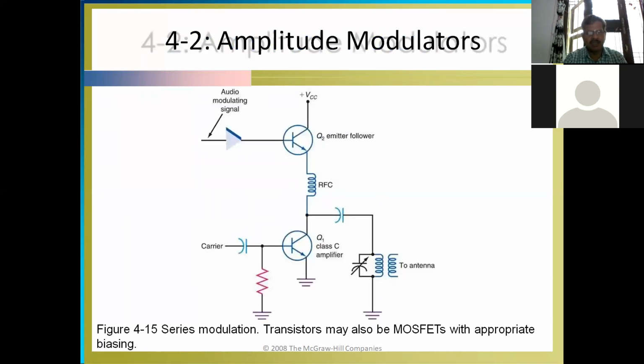So this is the circuit diagram of series modulation. Okay, the transistor may also be a MOSFET with appropriate biasing.